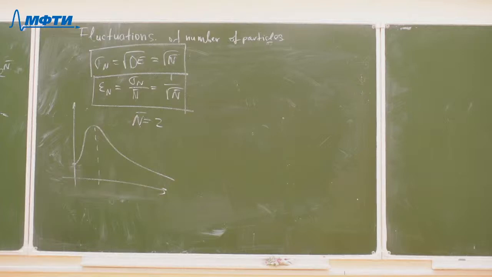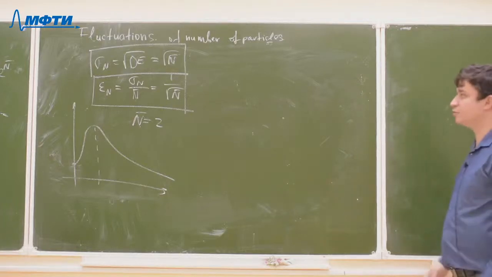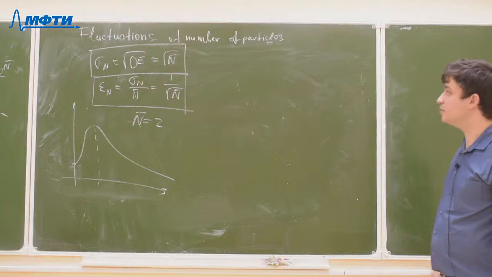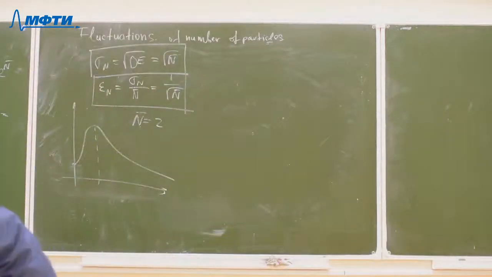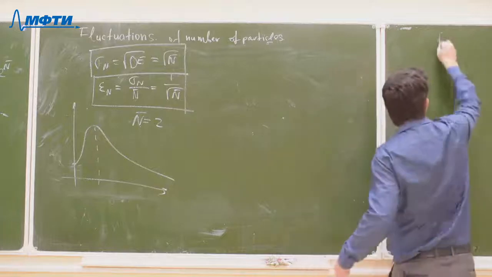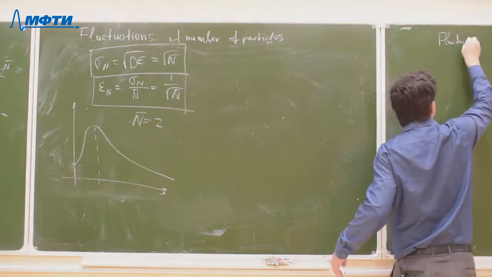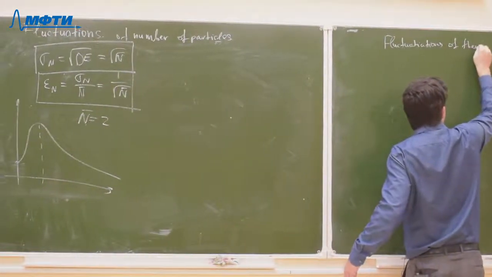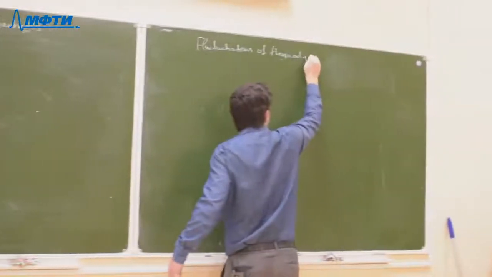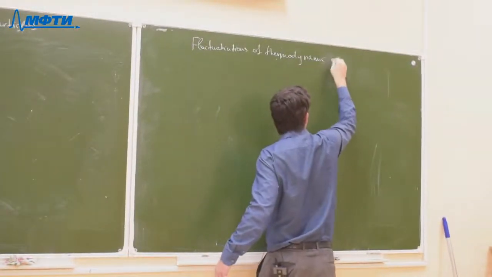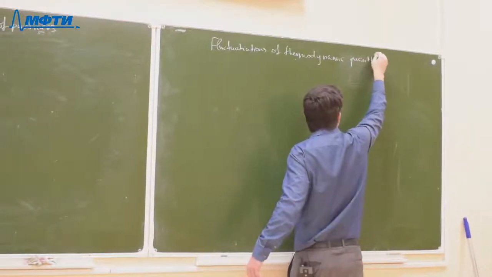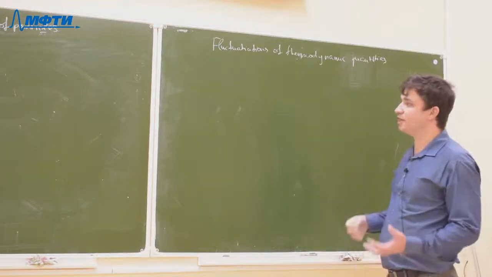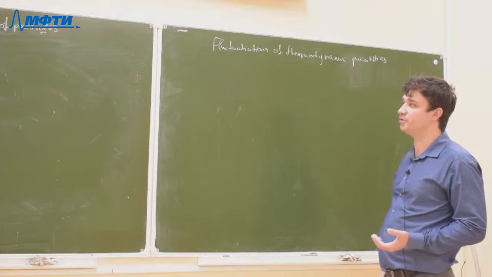Actually, this 1 over square root of n would always appear if we study the fluctuations of thermodynamic properties. And the reason is that mostly thermodynamic quantities describe something which is related to a very large number of particles.